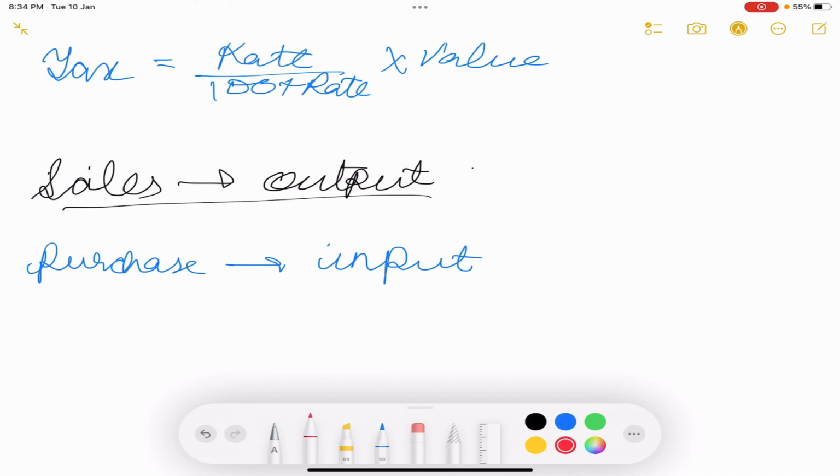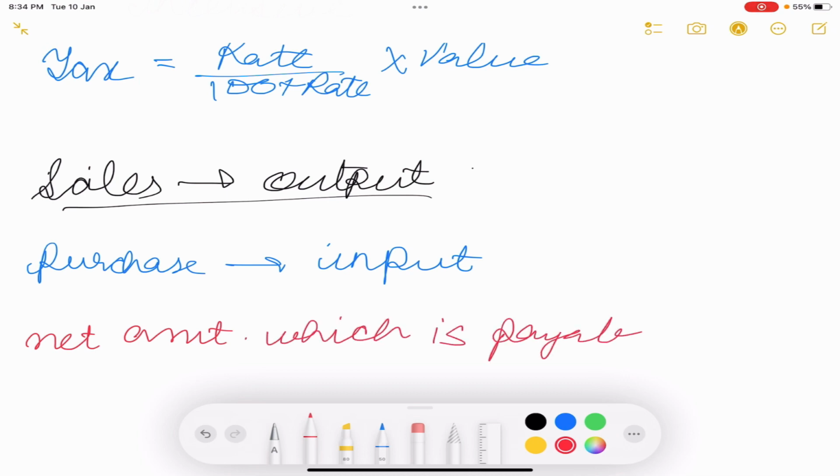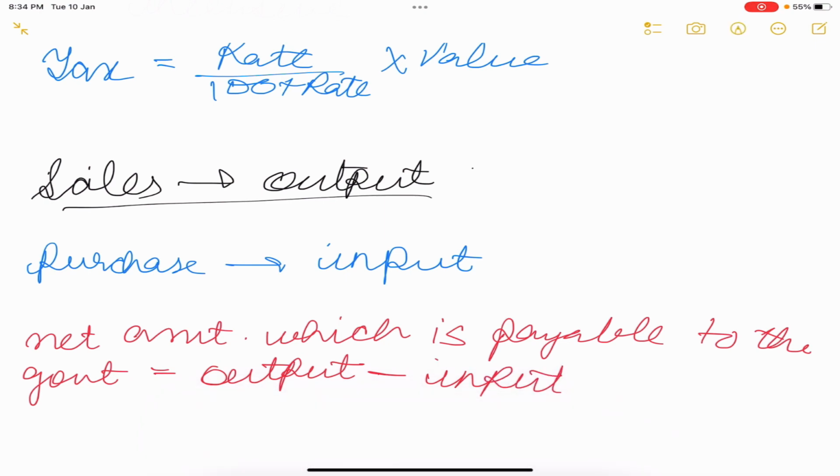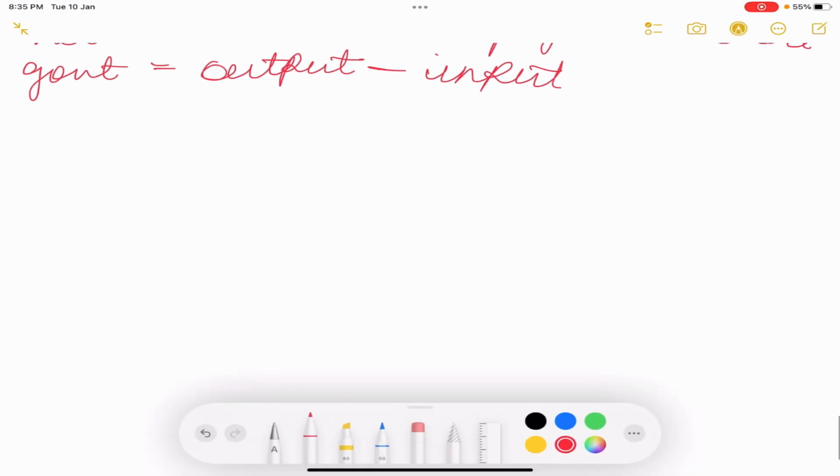So now the net amount which is payable to the government is output tax, which is what you are supposed to pay, minus input tax, which you have already paid. This will give you the net amount which is payable to the government. I hope you're cleared with that also.